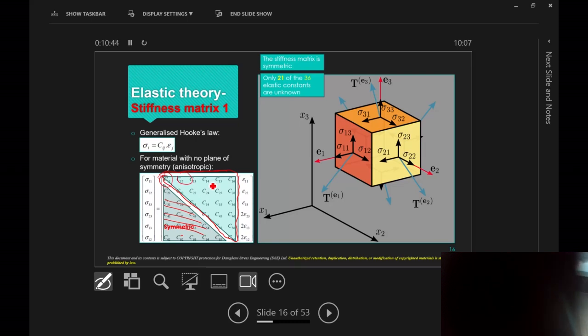So you need 21 parameters for the material. Steel is isotropic, so it narrows down to just one modulus of elasticity. For composites, and we will see how this develops, I need 21 parameters to see how an anisotropic material behaves under different loading.